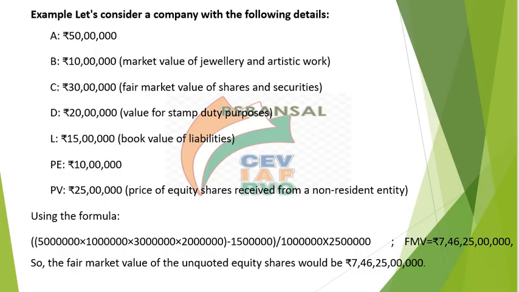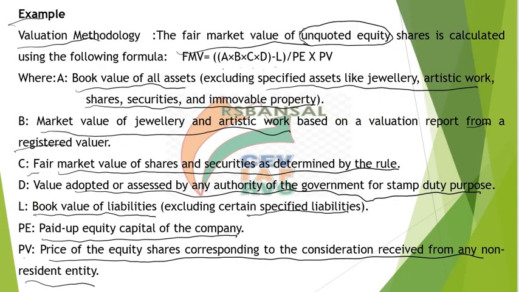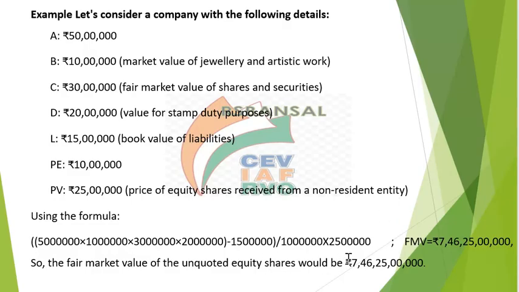You put all the values in the formula which we have already discussed: A, B, C, D minus L divided by PE into PV. So put all the values. The value of unquoted shares would be 746.25 lakh.